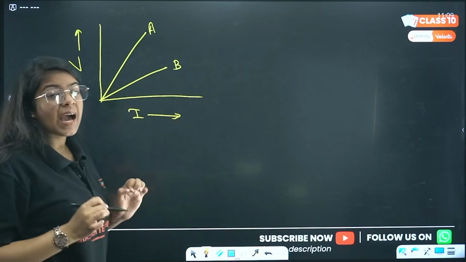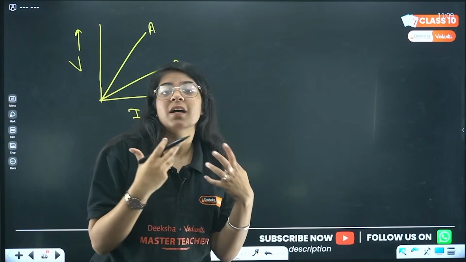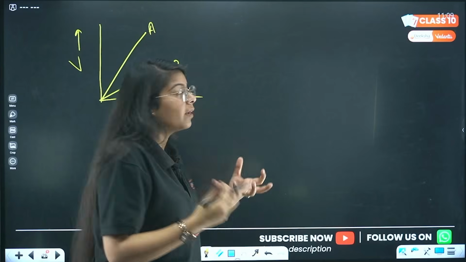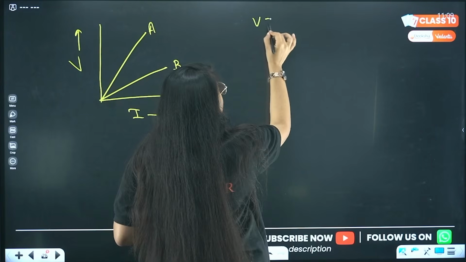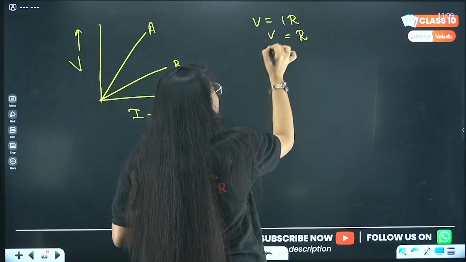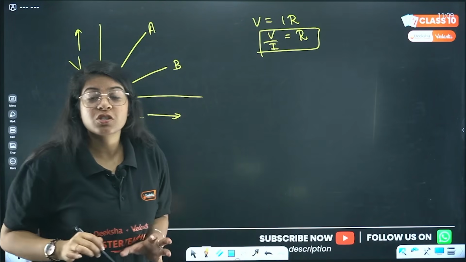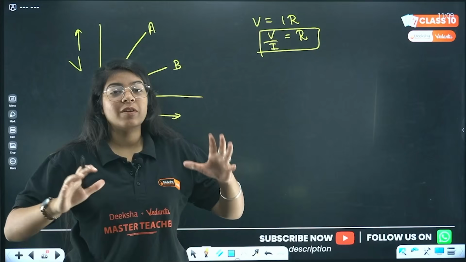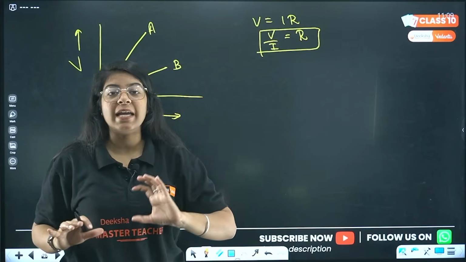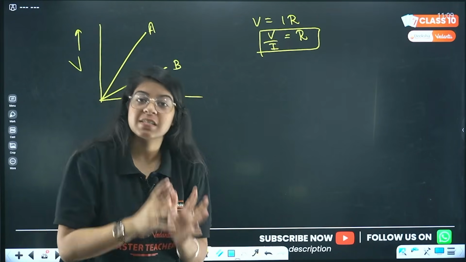See, VI graph, V and I are related with what? With resistance, Ohm's law, right? So, V equals IR, correct? So, R from here is V by I. Understood? Now, we also studied when we were studying Ohm's law, when we were studying the graph, that the slope of the V and I graph gives resistance, right?